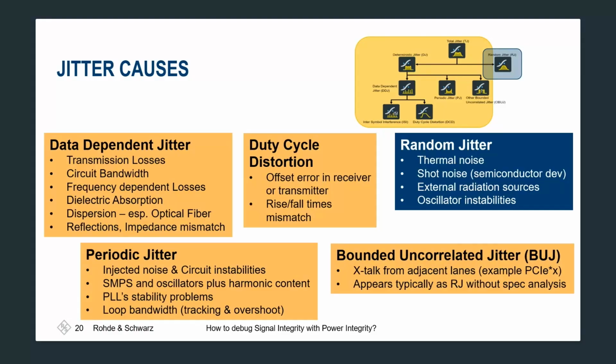If you think about the frequency domain, it is a bounded jitter term, but it's uncorrelated to the data source itself. That is why we are talking about bounded uncorrelated jitter in this case. This means that the frequency range is limited and it does not depend on the signal we are trying to analyze. And of course, jitter is a variation in time.